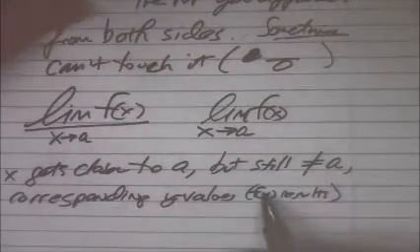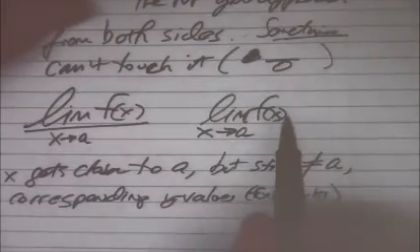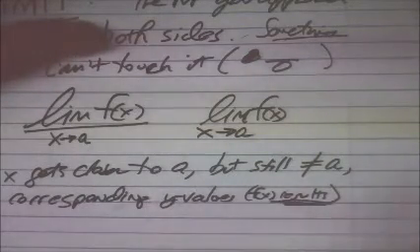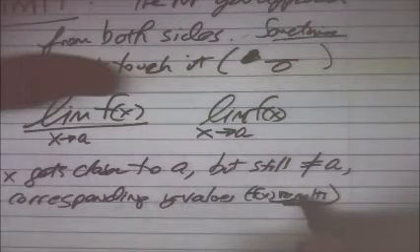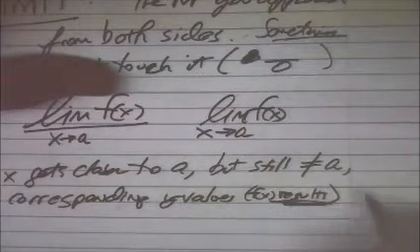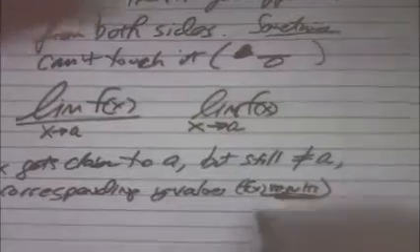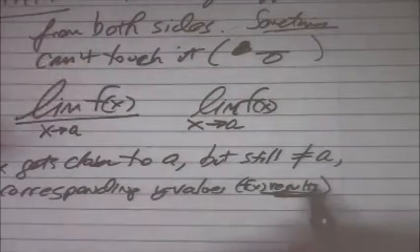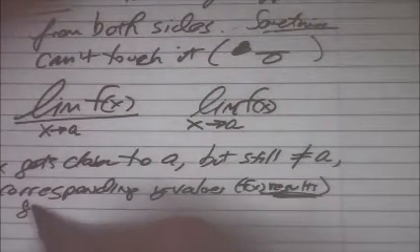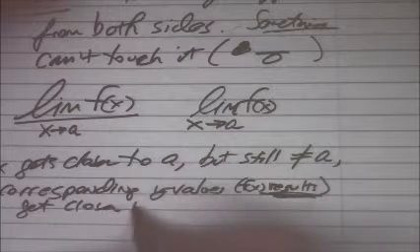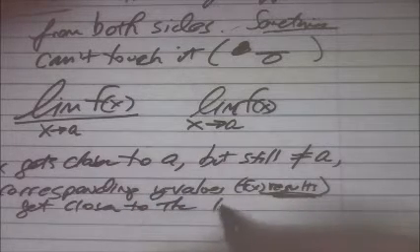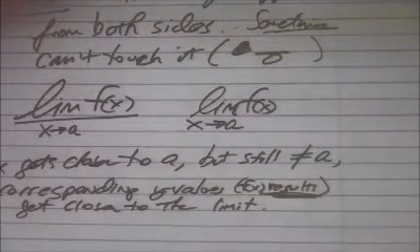I put the f of x results. When you have a function here, when you put in x, you get a y, but that really is just a result. Let me make sure you can actually see those words. So those results, the corresponding y values, get closer to the limit.